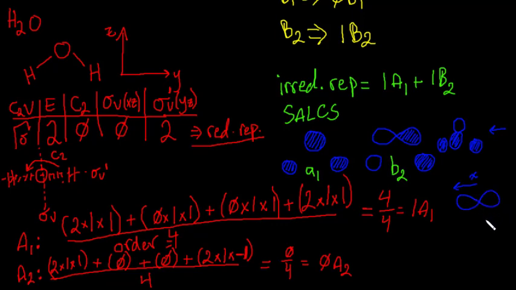The s orbital for hydrogen would be right here in the middle. So the amount of positive overlap is equal to the amount of negative overlap, resulting in a net zero overlap, which makes sense because we do not have any representations in B1 for this water molecule.